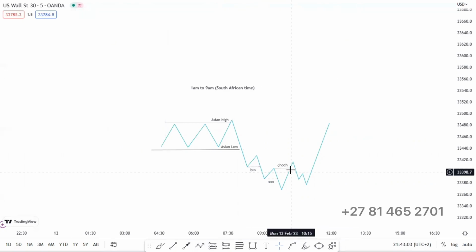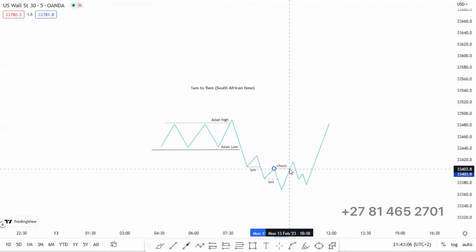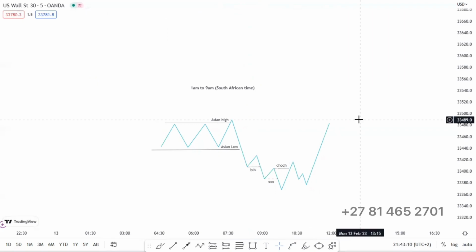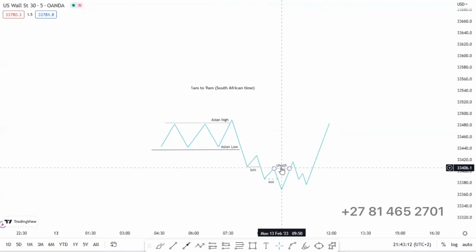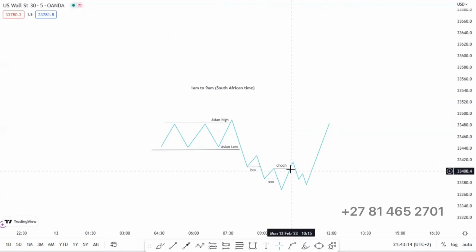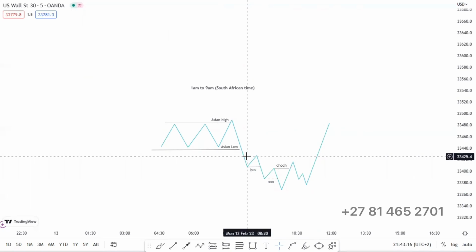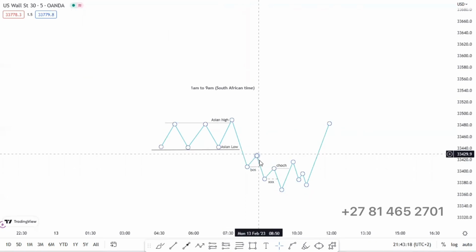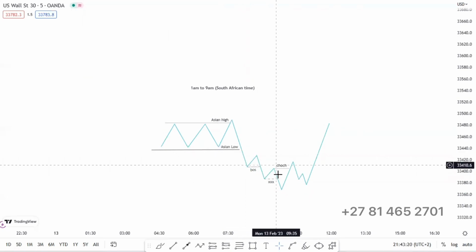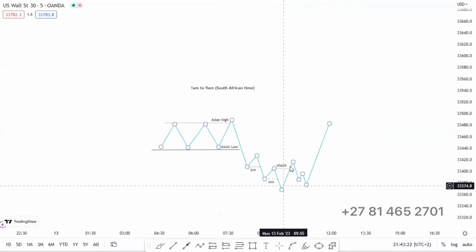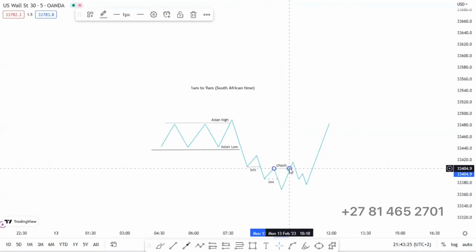Guys, listen, this happens almost every time. So there's our change of character there. The market breaks structure to the downside, breaks structure to the downside again, and then it changes character. This market structure shift or change of character, whatever you guys want to call it.